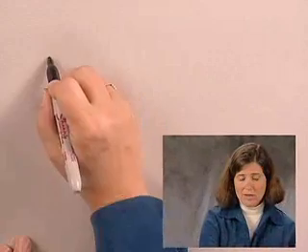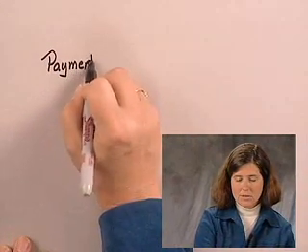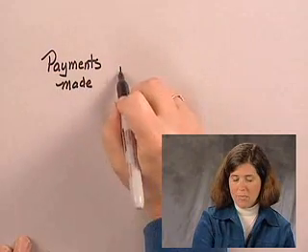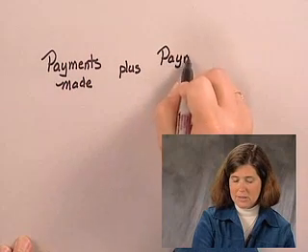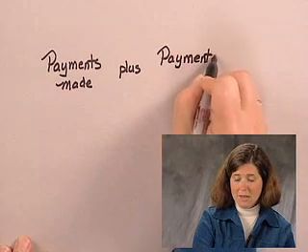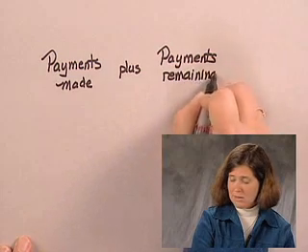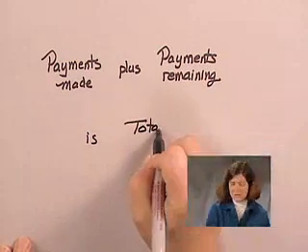So we're going to need another equation. And we can think of that as the payments already made plus the payments that remain to be made is the total number of payments.